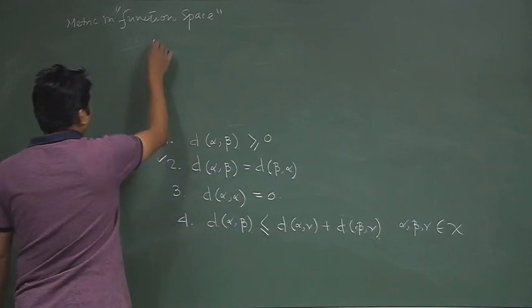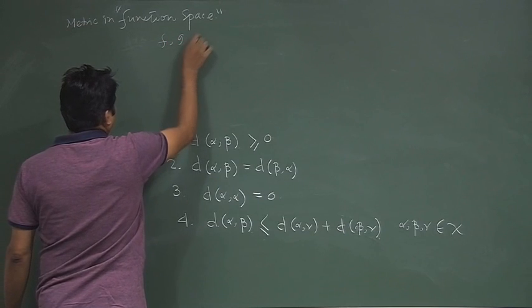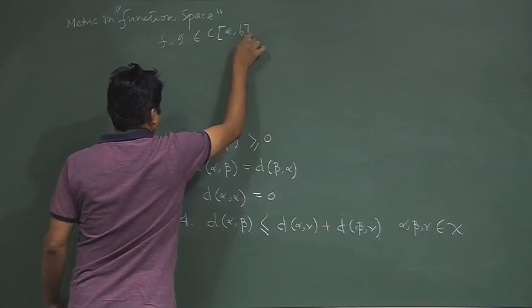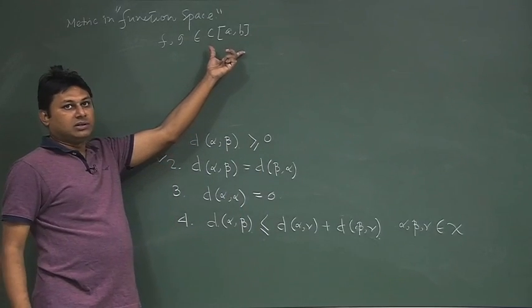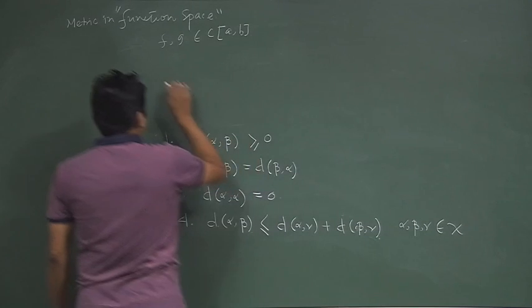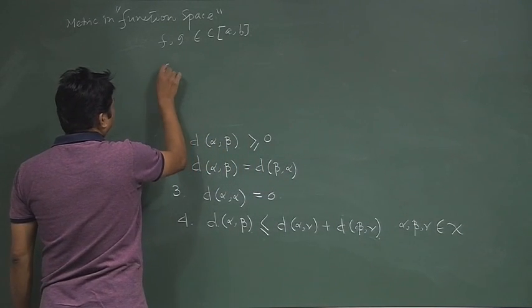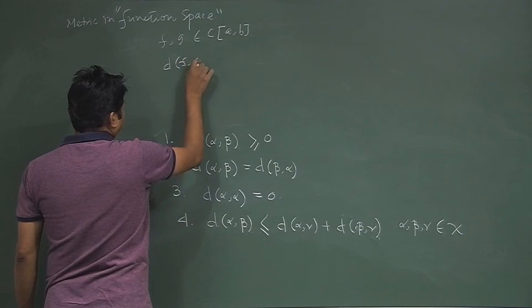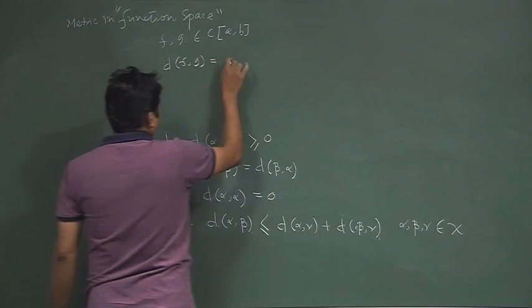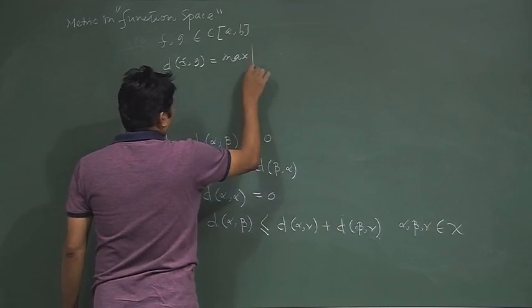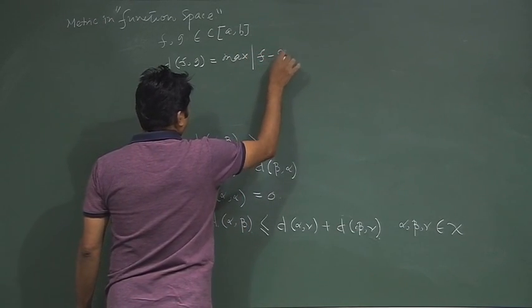For example, two functions f and g, which belong to the set of continuous functions in the interval a b. These two functions are given. Then I define the metric D of f, g as maxima of f minus g.